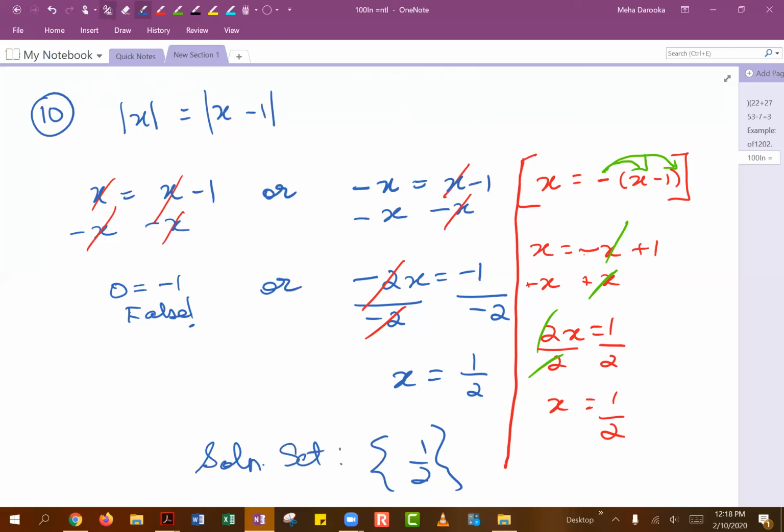The second one is where you have to introduce a negative, only on one side, either on the left-hand side or the right-hand side. Don't do it to both sides, because then you're actually going back to the original. So only on one side, and then go through your math. And in this case, this didn't give us any answer, so you're only coming up with one single answer: x equals 1/2.